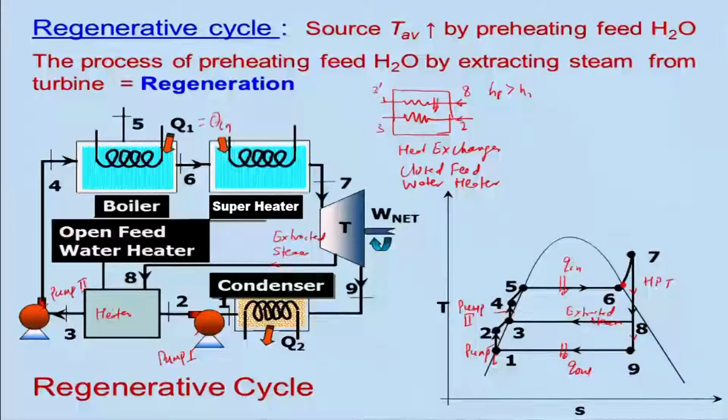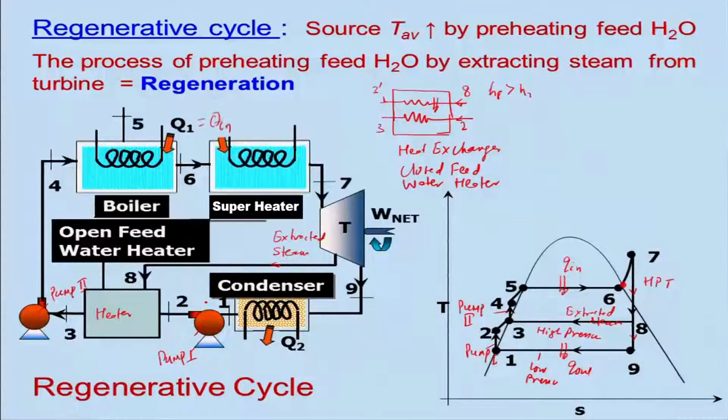But the disadvantage with the open feed water heater is that you have to use another pump, because the liquid coming from the condenser is at low pressure and it has to go to the high pressure. So you need a pump, and that also enhances the cost.